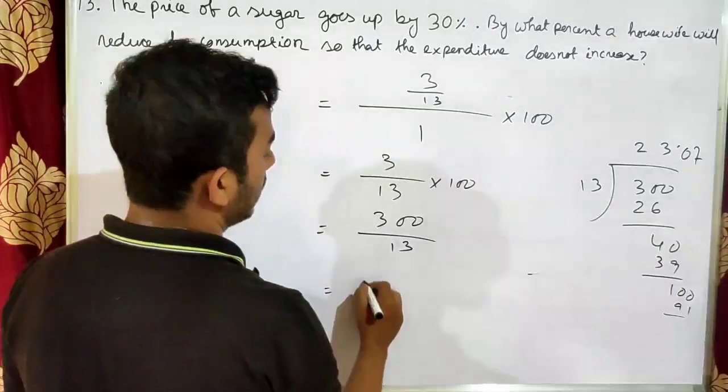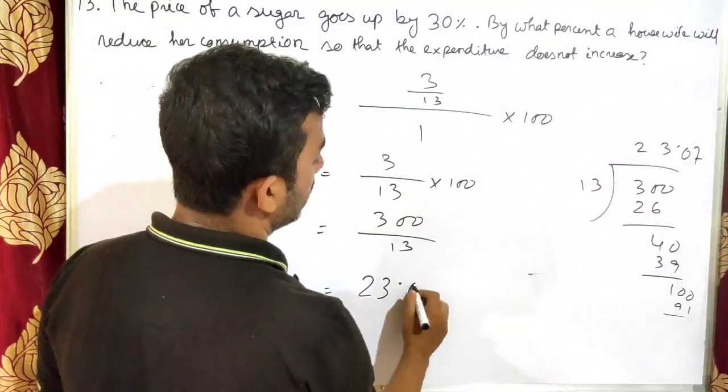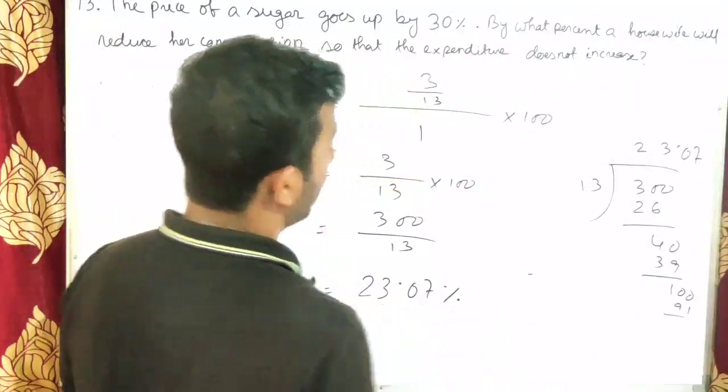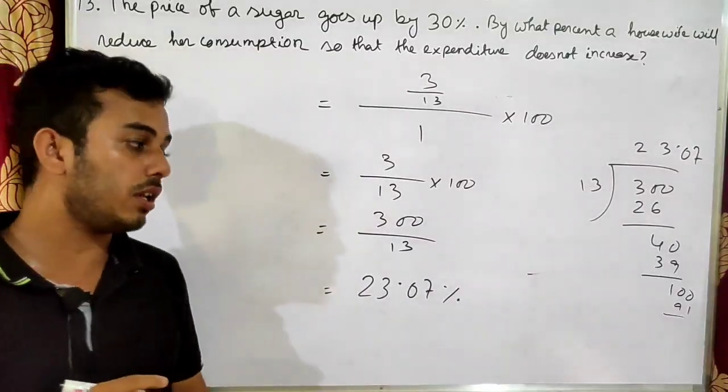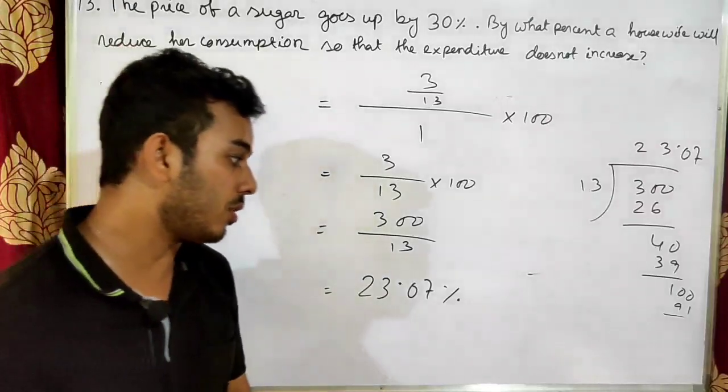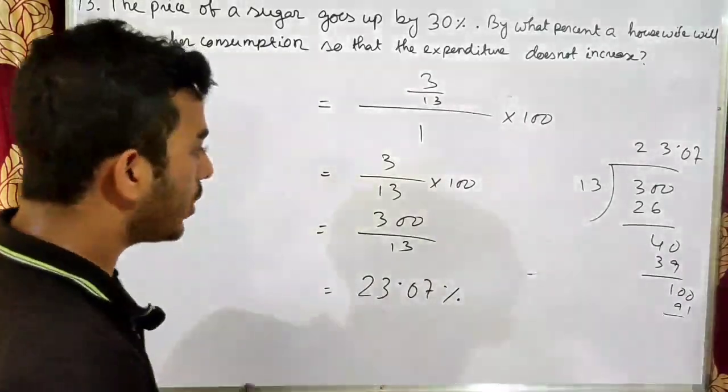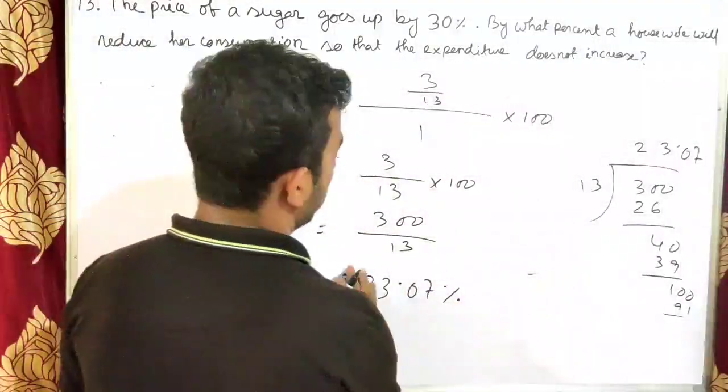So we'll write it as 23.07%. So the housewife should reduce the consumption by 23.07%, or you can convert it into a mixed fraction also.